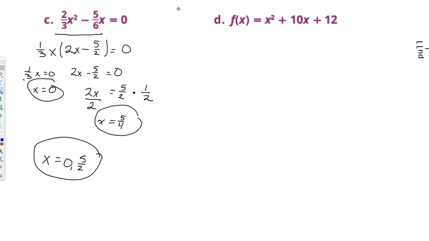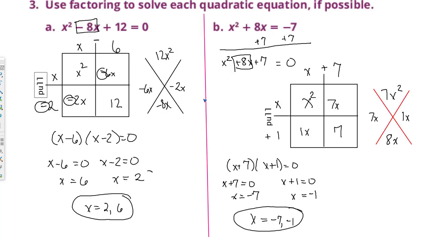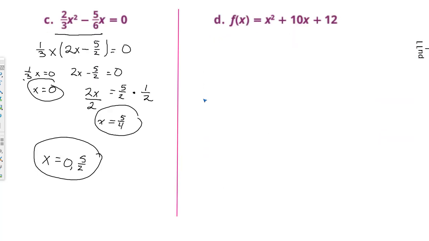Now let's look at D. Do I have a C? Yes. Okay. This one has f of x equals, and up to this point, everything else hasn't. We're still going to be trying to find the roots. The roots are when it crosses 0, or crosses the x-axis. So we're trying to figure out what's happening at 0.